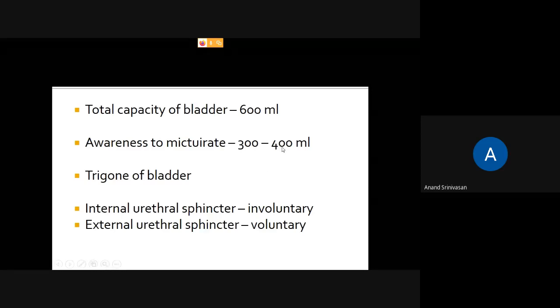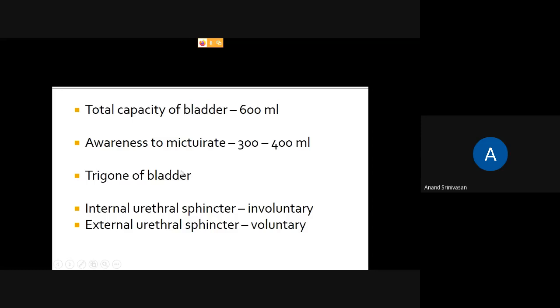The act of passing urine is called micturition. So the awareness to micturate occurs at 300 to 400 ml.